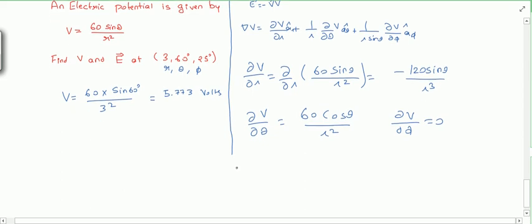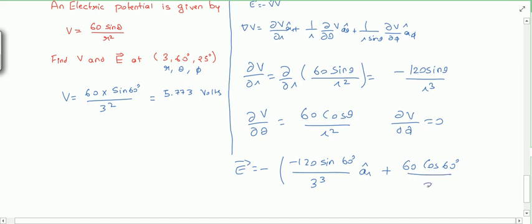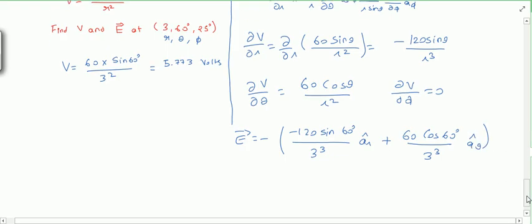Now put this in the formula. E equals, minus is already there, del V by del R, which is minus 120 sine theta, with theta given as 60, divided by R cubed, with R given as 3. This is the component for a R cap. Plus the theta component is 60 cos theta by R squared, and I have to divide by R, so there is one more R, again becoming 3 cubed, and it is a theta cap. Now I have to simplify this.